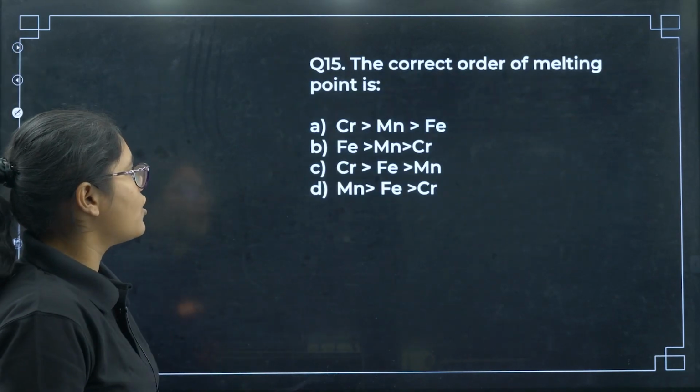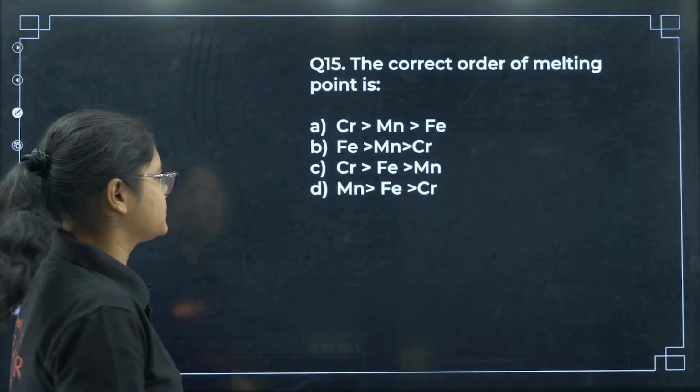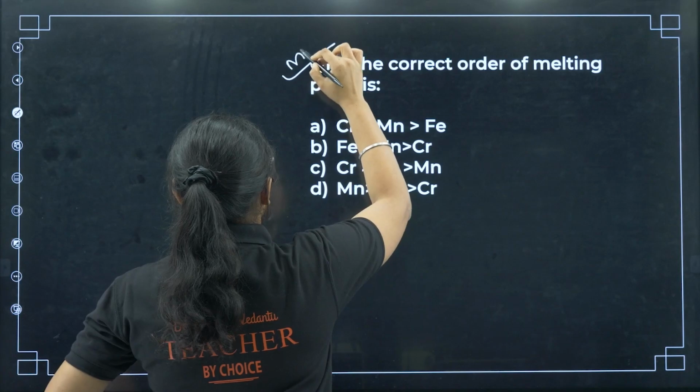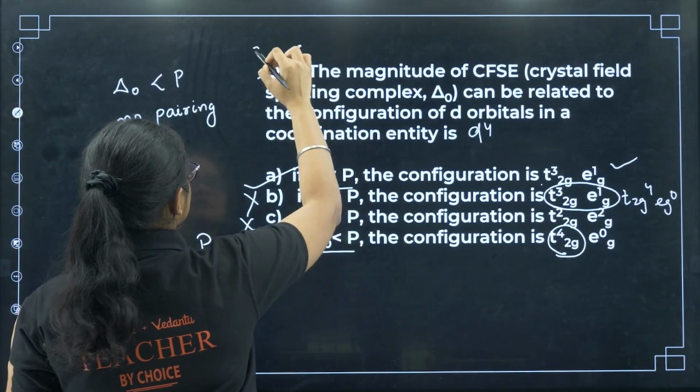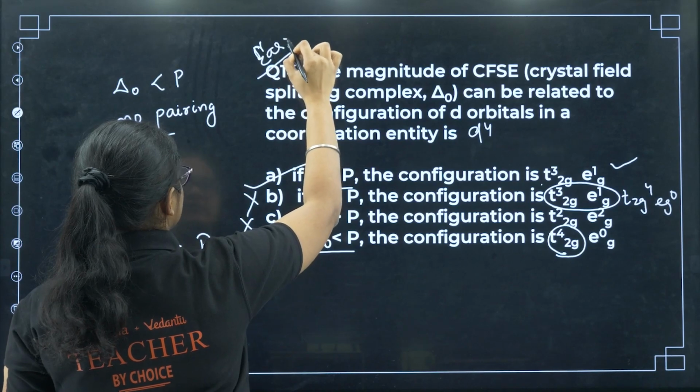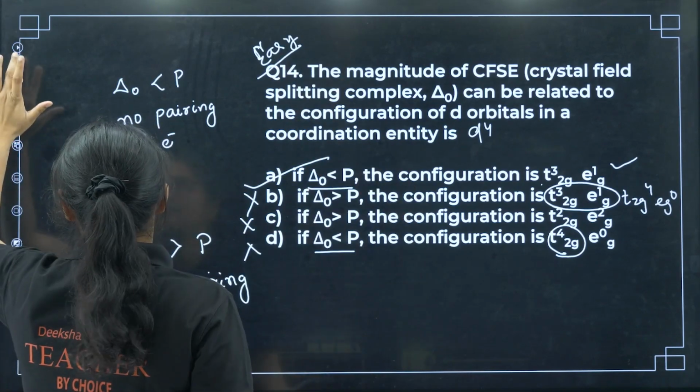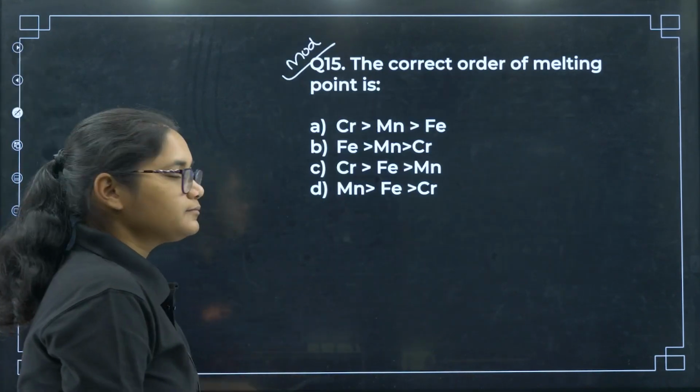Next, the correct order of melting point is. This question also I will say is a little bit on the moderate side. If you have understood the concept, then this is easy. Okay, next, melting point.